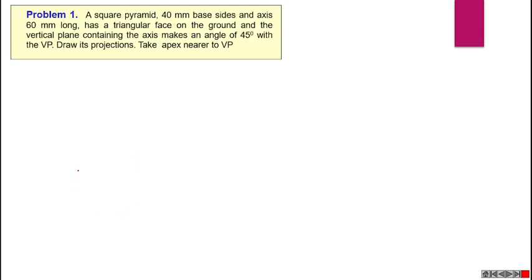Then if the given condition is the axis inclined to HP, or the triangular face or the slant height in HP, it means in its base figure, in its first pair of projections, the axis must be perpendicular to HP.